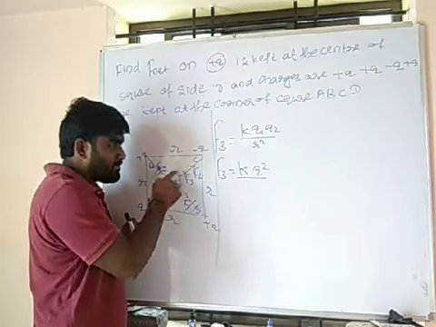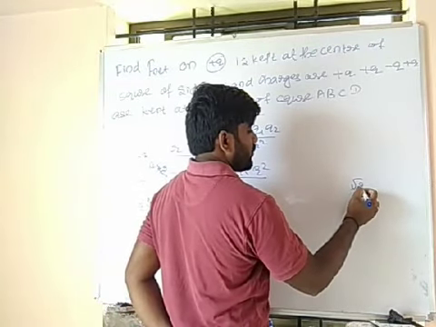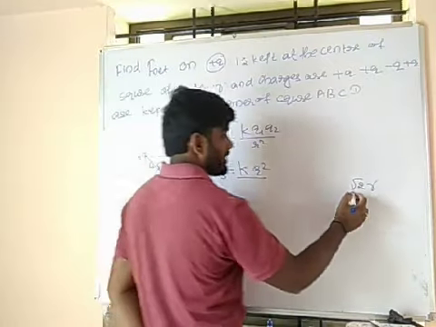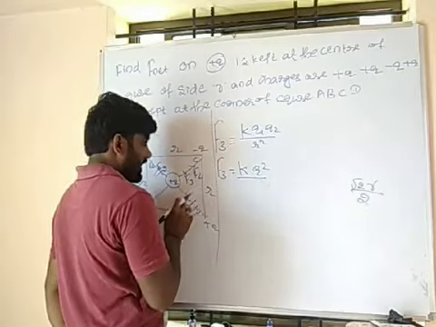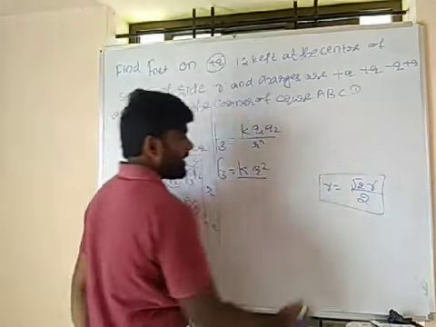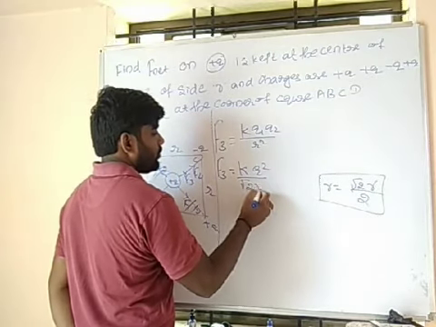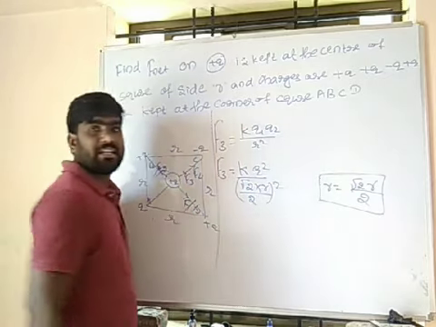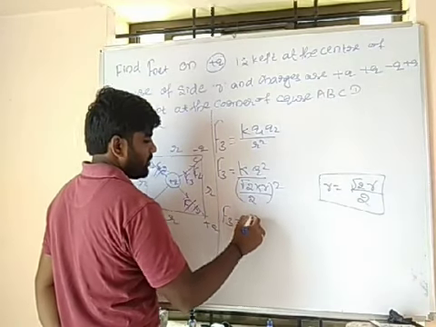Our diagonal will be root 2 into r, and half of the diagonal means divided by 2. So r square can be written as half of the diagonal squared, that is, root 2 into r divided by 2, squared.